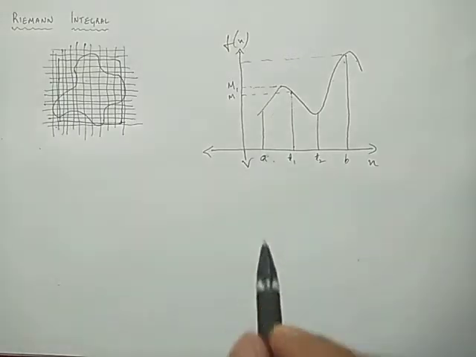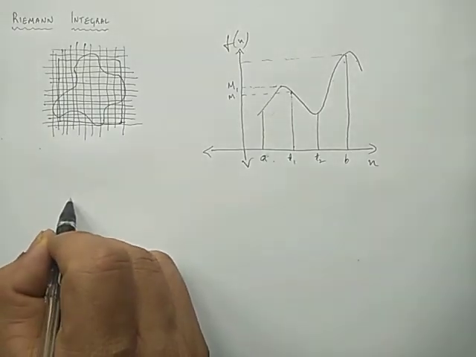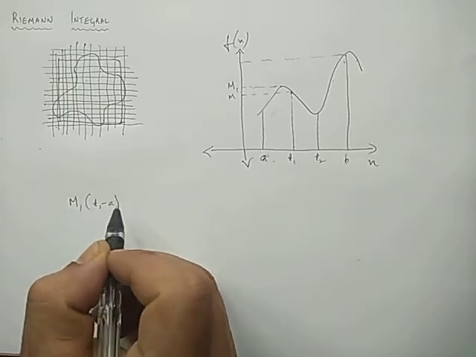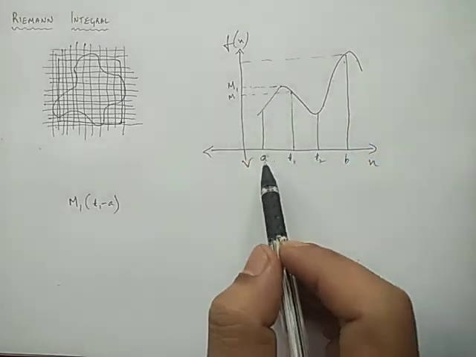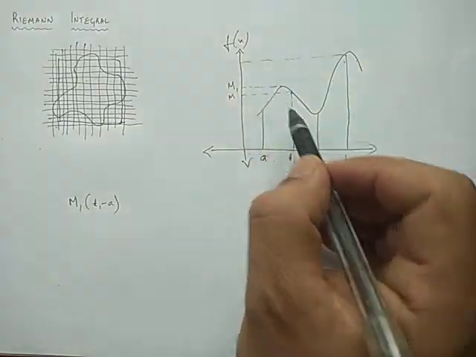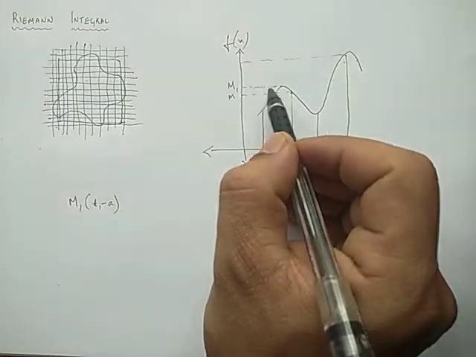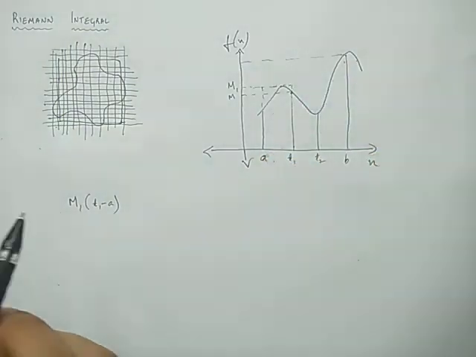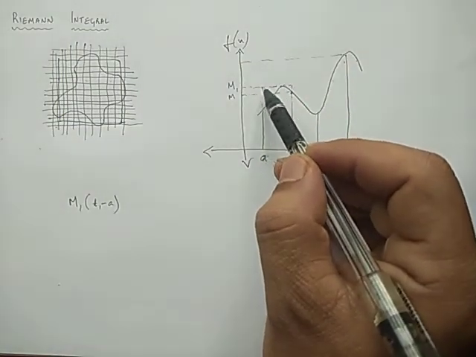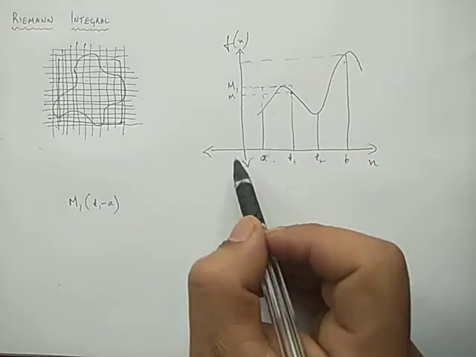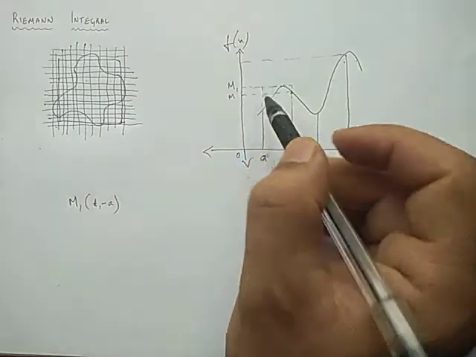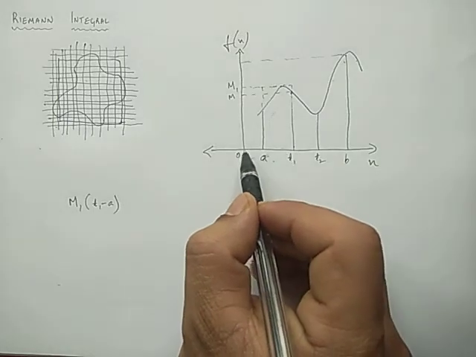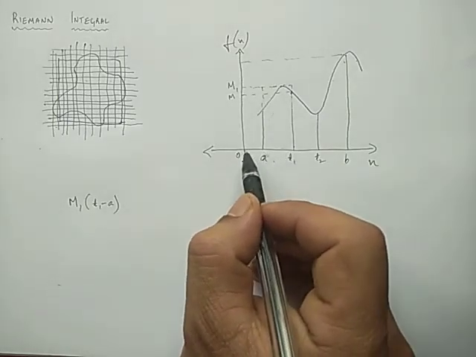Now suppose we are multiplying M1 and T1 minus A. My M1 is the length from this line to this line. So if I draw like this, my M1 is this one, and T1 is the length from here to here, and A is the length from here to here.